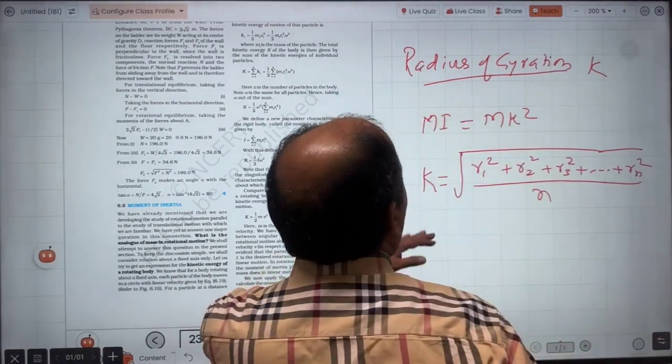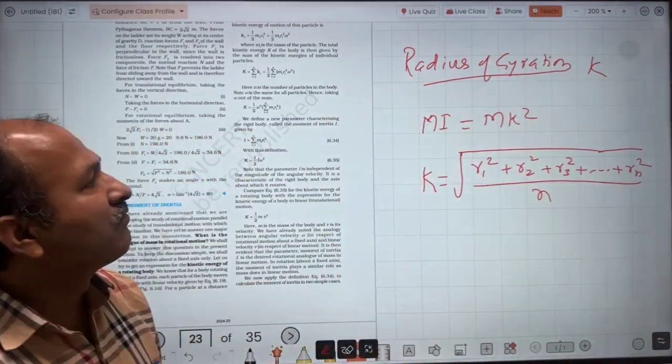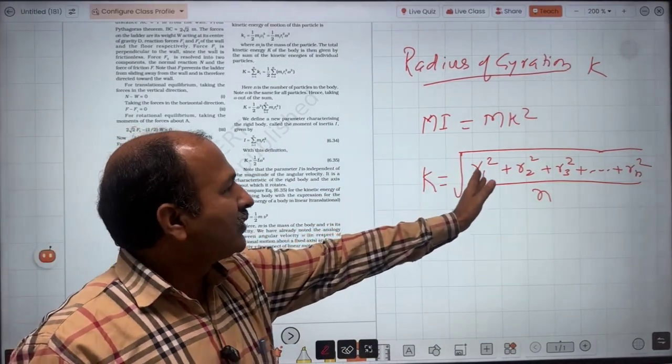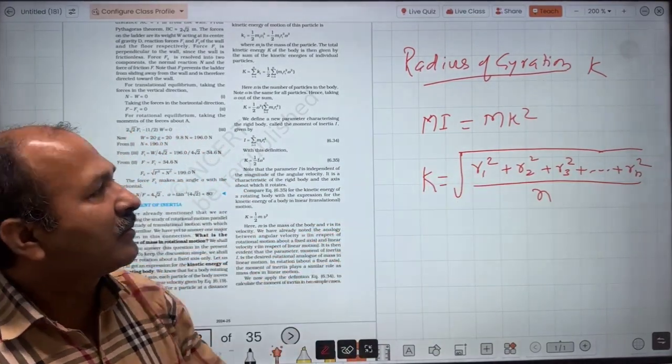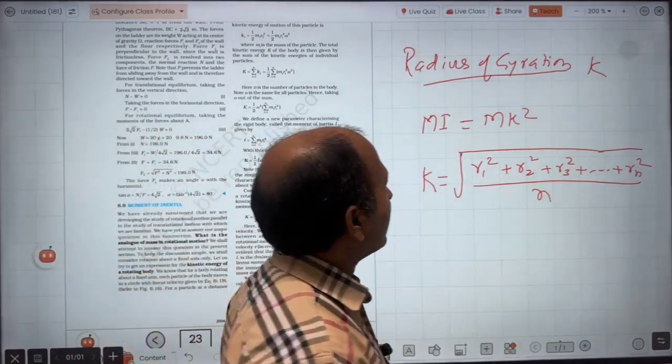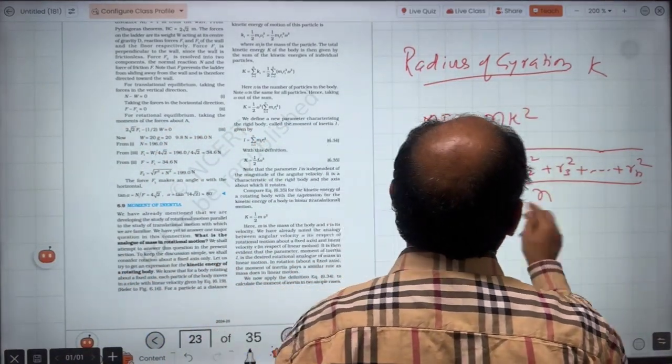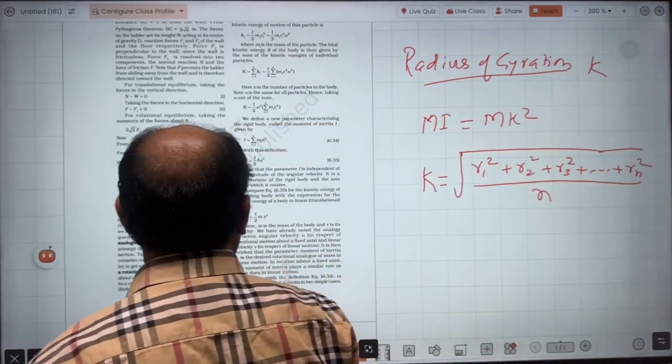So this is how we can find it. First of all, we take squares of distances from the axis of rotation, and we find their sum, and then we divide by n, then do square root.